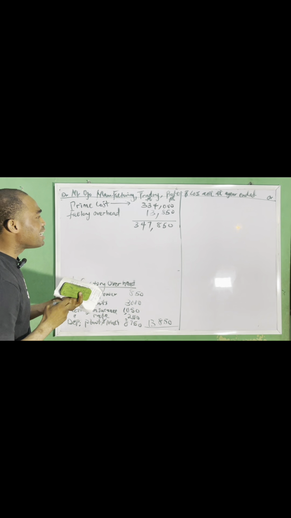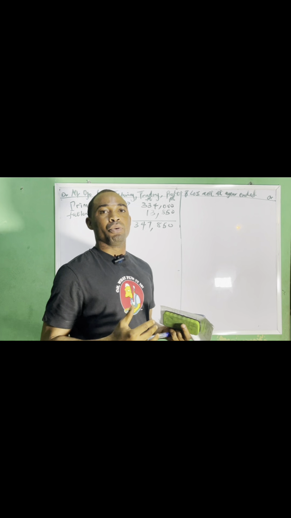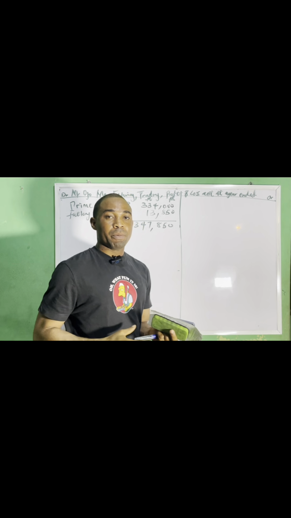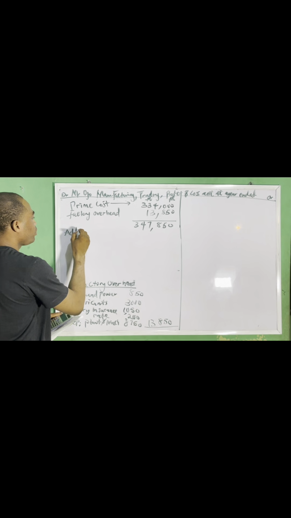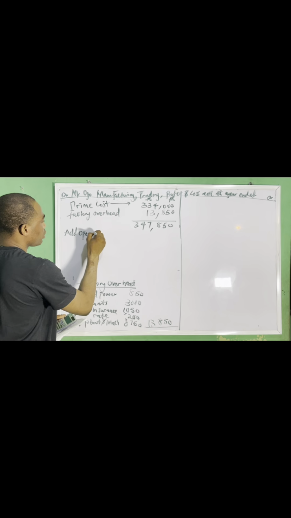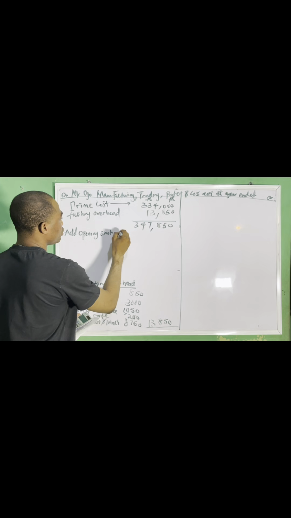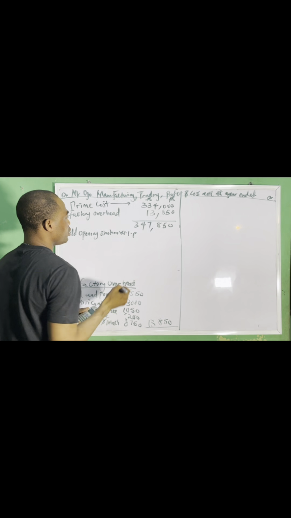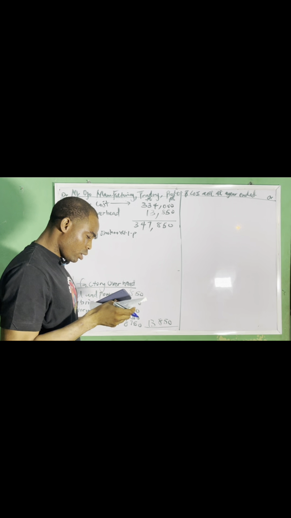So at this stage, we now move to intermediate process, that is work in progress. You need to add opening stock on WIP, which is work in progress. Let's see the value for opening stock on WIP.